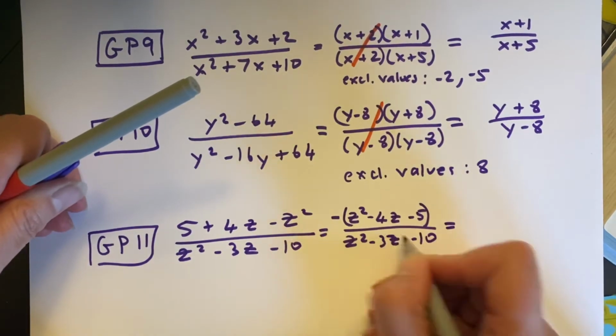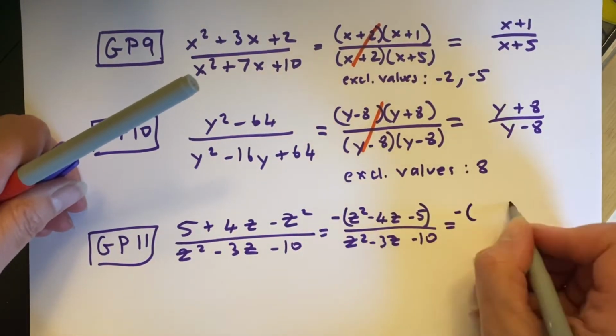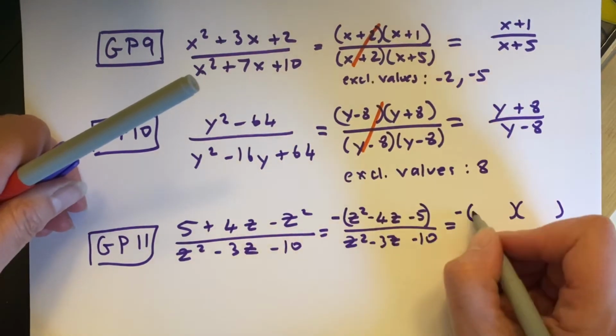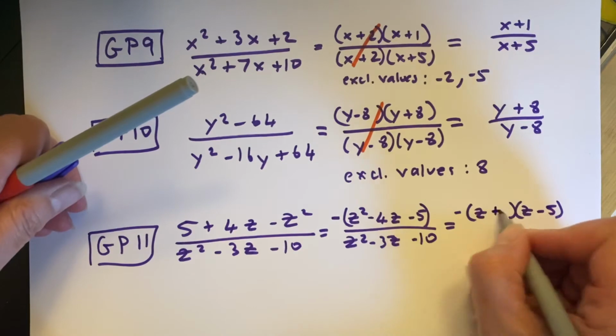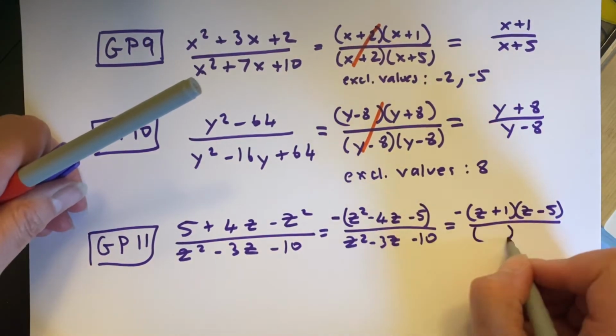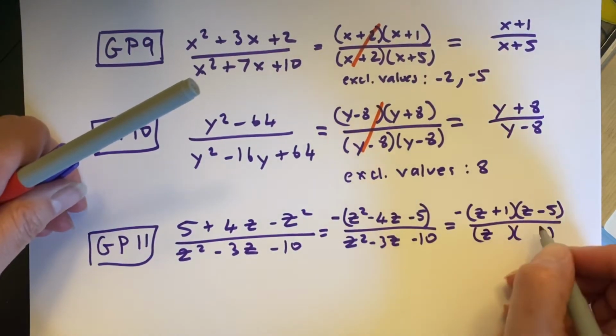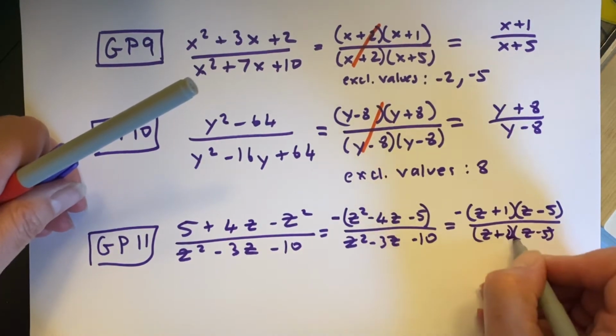And then I'm going to try to factor both, leaving the negative out front so I don't forget it. I can see that this is z minus 5, z plus 1. On the bottom, I can see that this is going to be z minus 5, z plus 2.